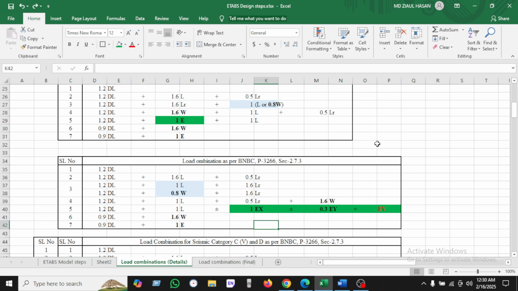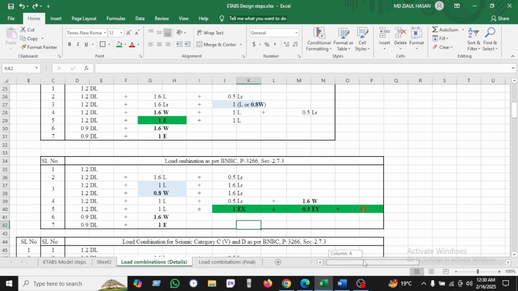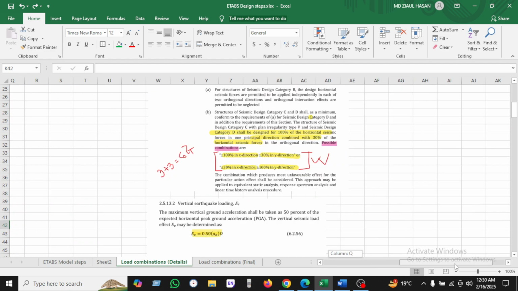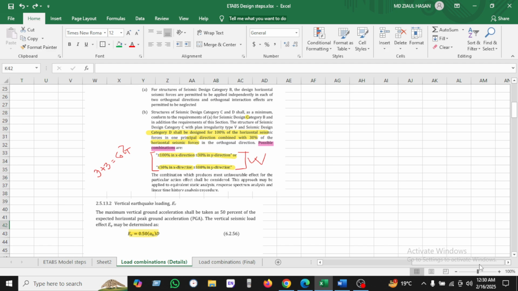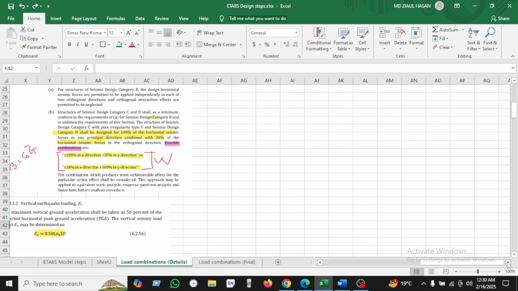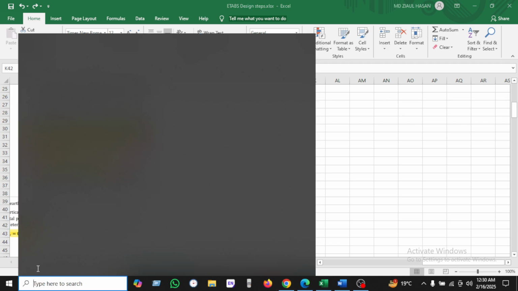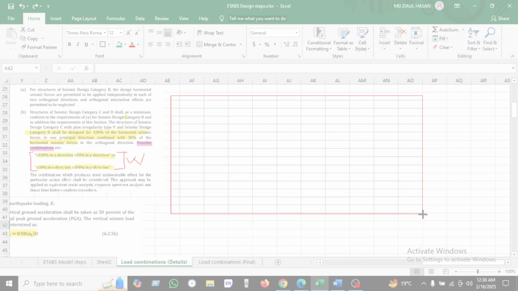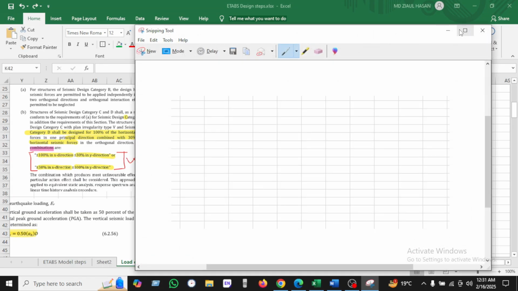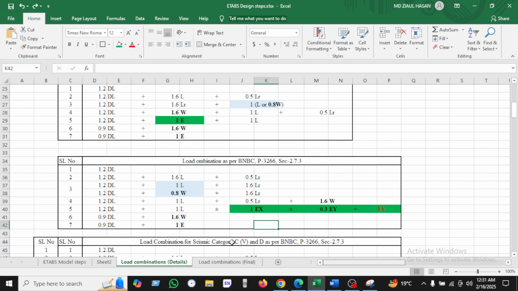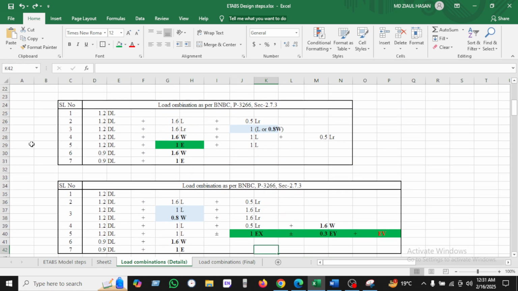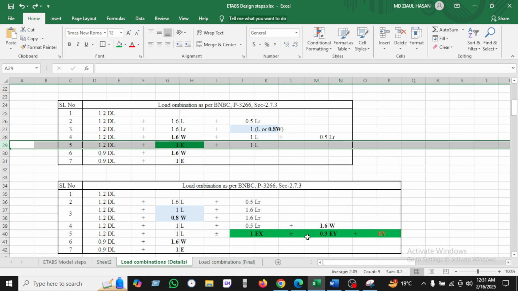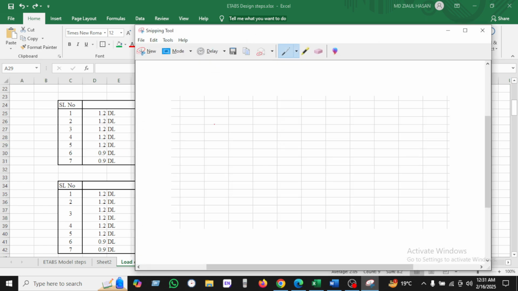One is X. I'm taking a paper for a better calculation. Okay. So these are the earthquake number 5 load combination. Earthquake is divided into 3 axes.